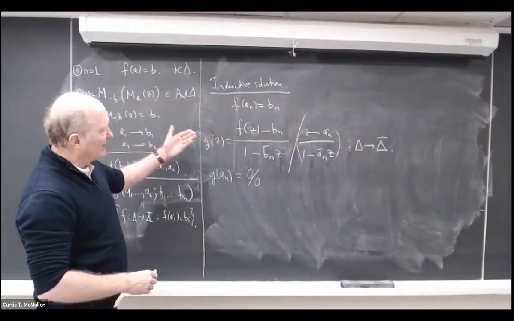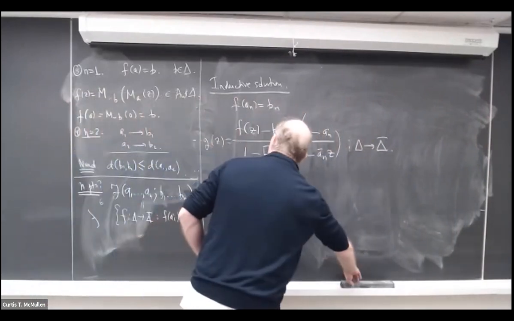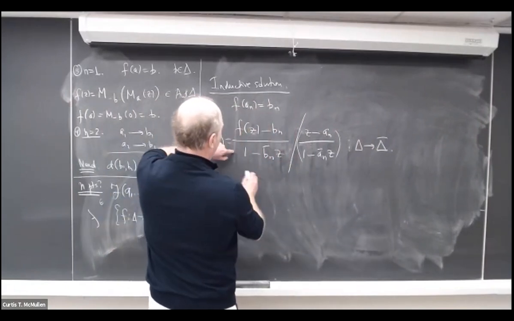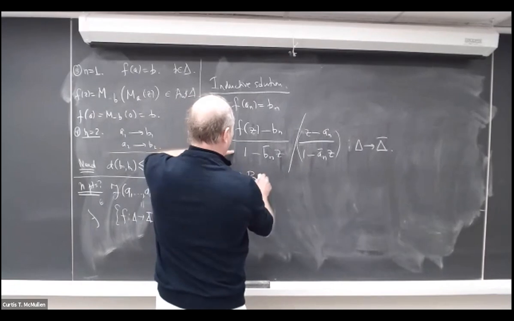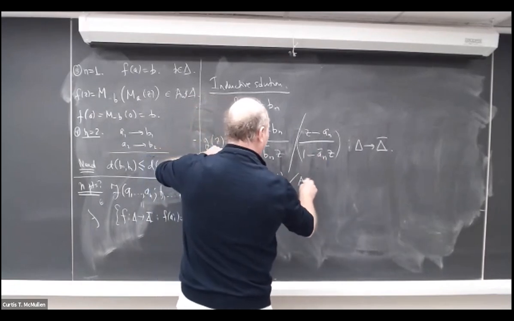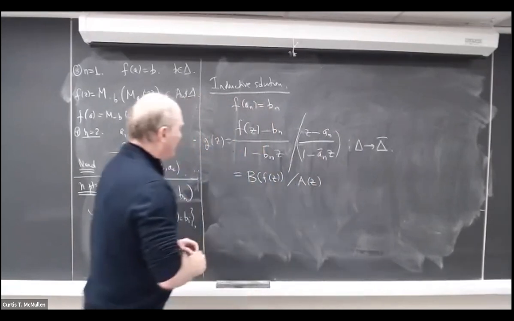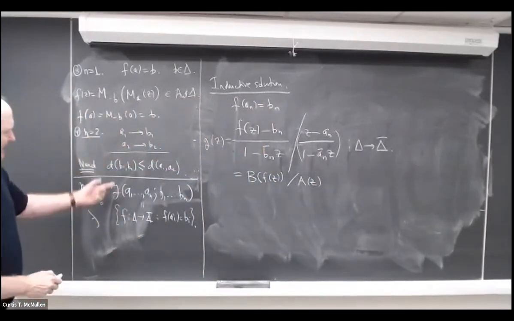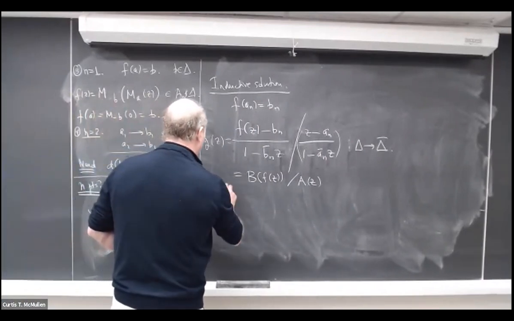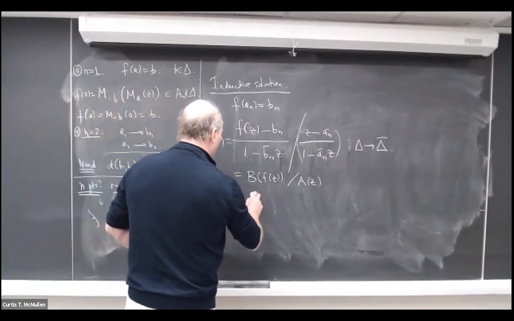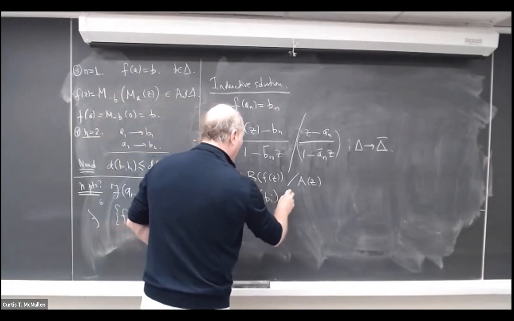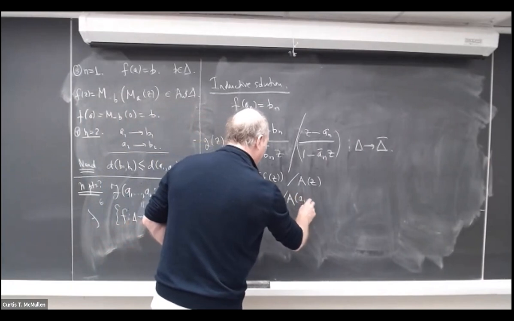Finally, g solves a new interpolation problem. If we write this expression as, this is some Mobius transformation B of f of z, this is some other automorphism A of z, then for the rest of the points where f was solving its interpolation problem, we have that g of ai is equal to B of bi over A of ai.